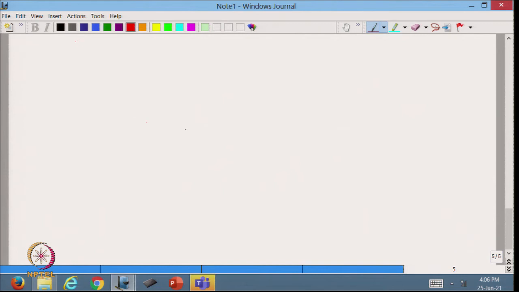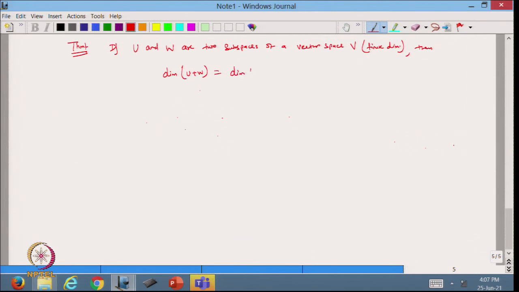Now, I want to discuss a very important theorem: if U and W are two subspaces of a vector space V that is finite dimensional, then dimension of U plus W is equal to dimension of U plus dimension of W minus dimension of U intersection W.